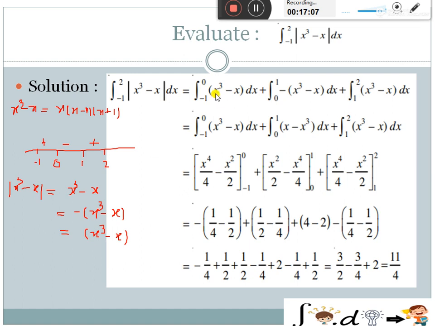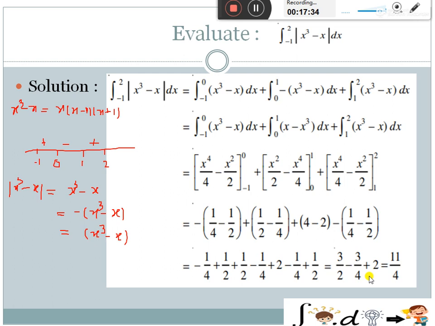And therefore we have a negative sign, you have to consider this as x minus x cube dx and the others as they are, and now integrate: x to the power 4 by 4 minus x square by 2, integrate separately, and then substitute the limits. First of all you have to substitute the upper limit, then the lower limit, and after simplification you will get the answer.